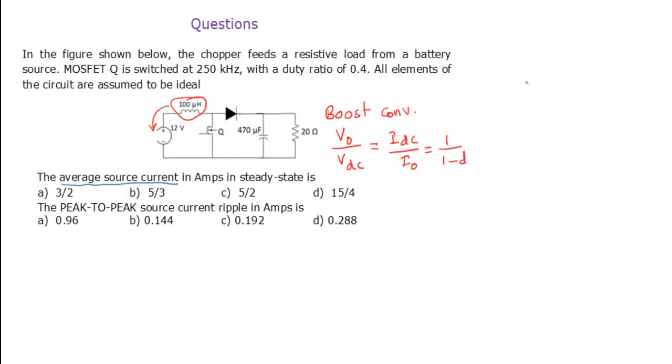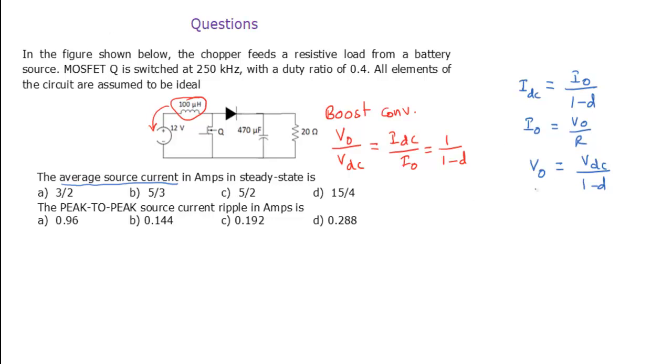So here, IDC equals I0 divided by 1 minus D. But how to calculate I0? I0 is nothing but V0 by R. How to calculate V0 in the case of a boost converter? It is VDC divided by 1 minus D. That's it. You can substitute all the things in a bottom to top approach.